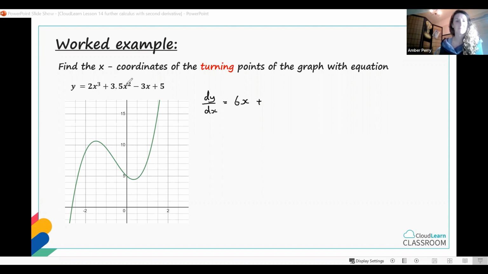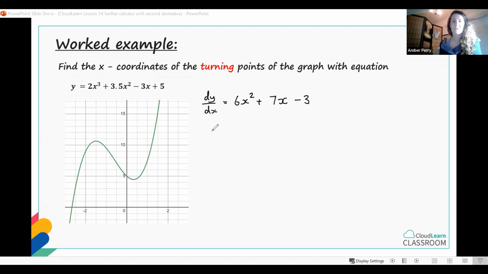So there's quite a lot of marks in it in the exam, okay? So 6x, I forgot the squared there, didn't I? 2 times 3x, reduce the power by 1, and then bring the 2 down and times it by 3.5 and reduce the power by 1, so that's x. And then here, minus 3. Fabulous. You got there quicker than me, Tabitha. I'm really impressed, okay?